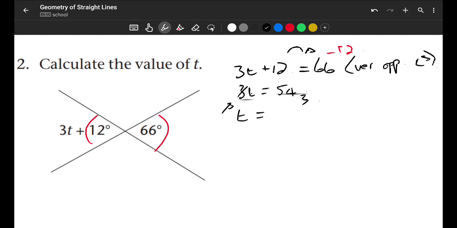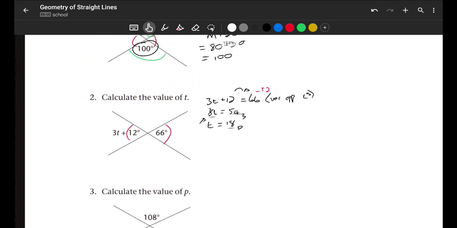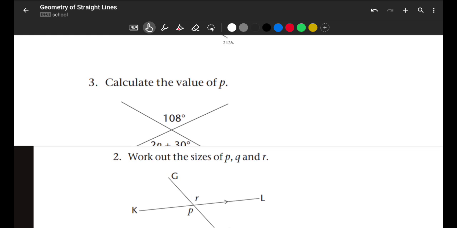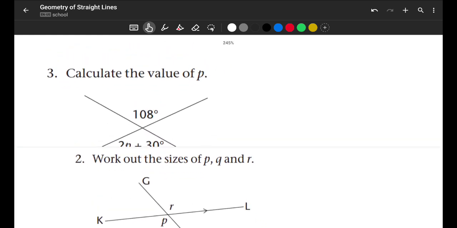Yeah, this one I don't want to guess, so my calculator, 54 divided by 3 should give us 18, and that is the value of t. Simple enough. I hope you're feeling cocky at this point. You're feeling confident in your abilities, and you trust that you're able to do this. Let's move on to this other one.